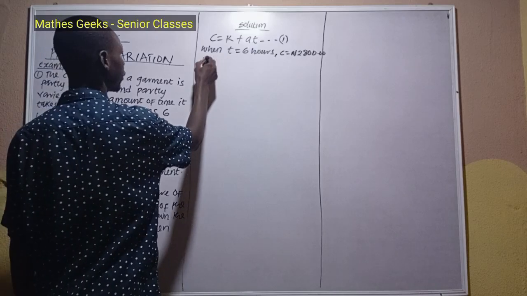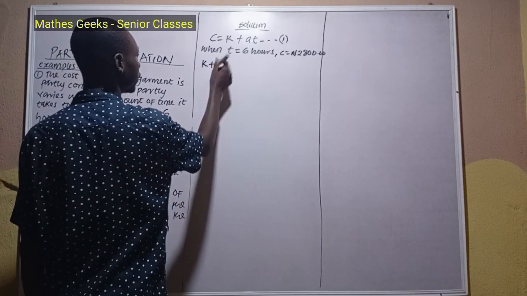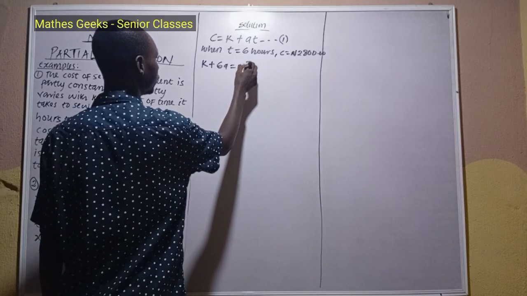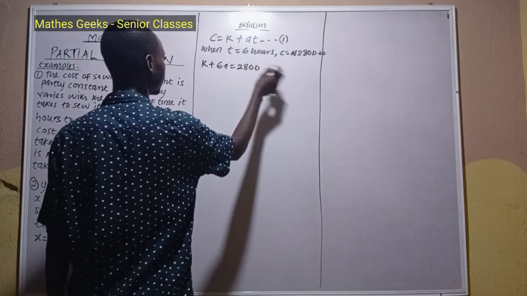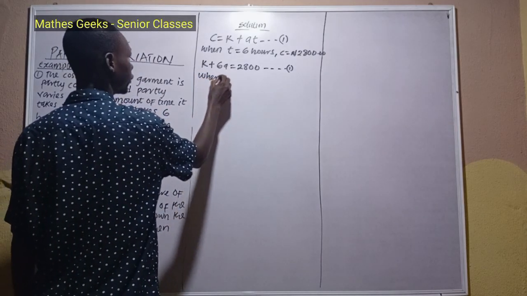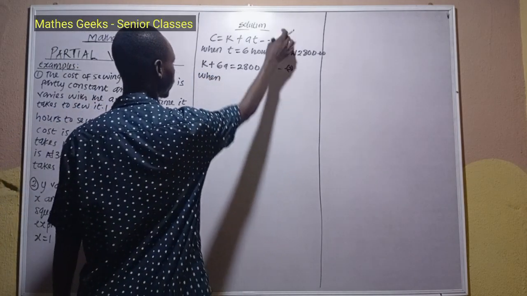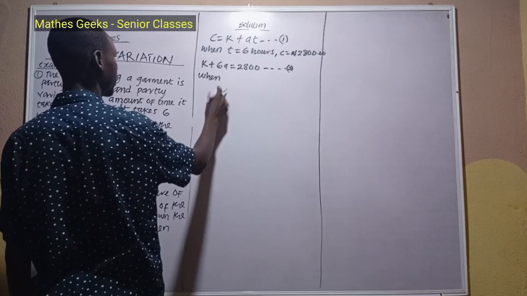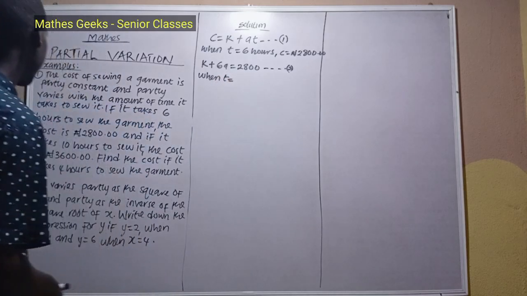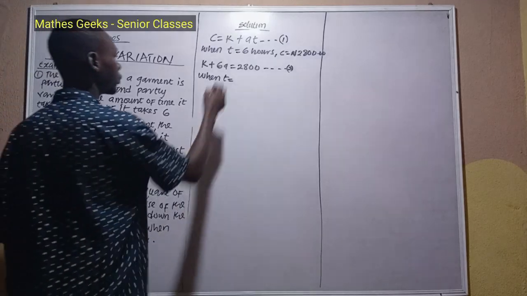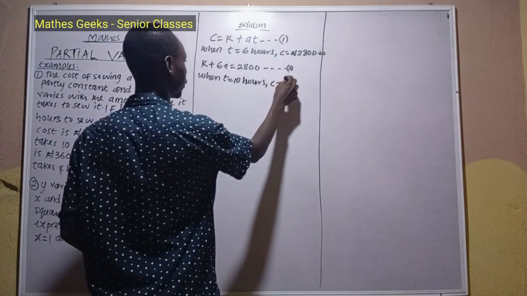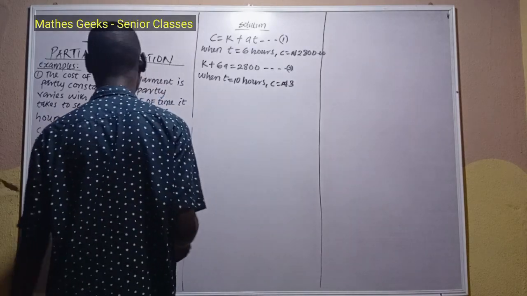So k plus 6a is equal to 2,800, equation 2. And when t is equal to 10 hours, if it takes 10 hours to sew it, c is equal to 3,600.